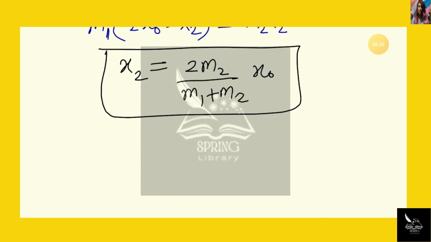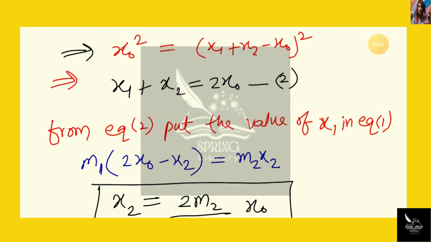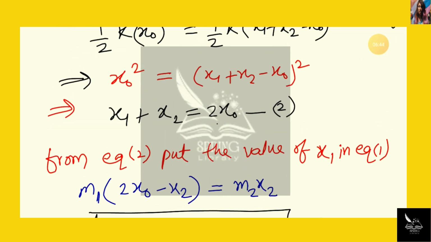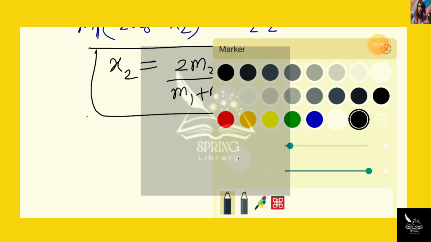And similarly, the next step is to put the value of x2 in equation number 2, so that I get the value of x1.